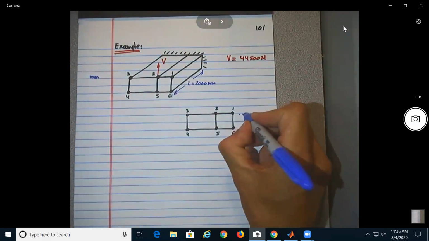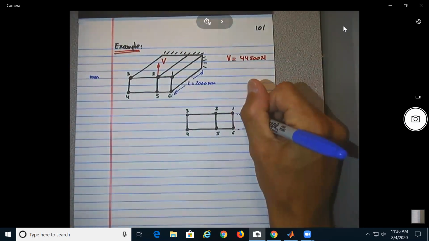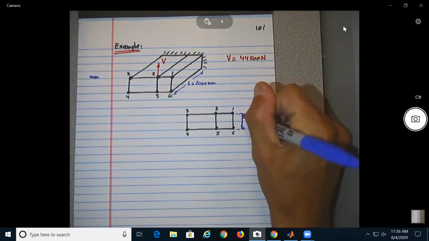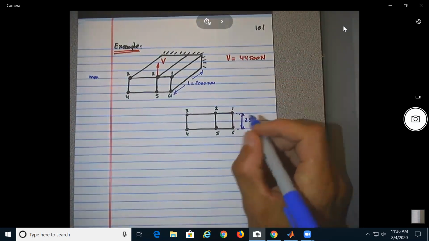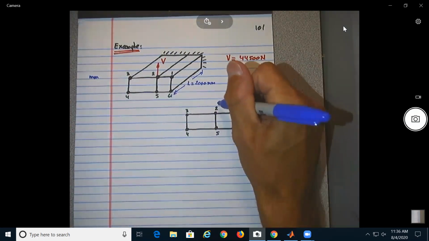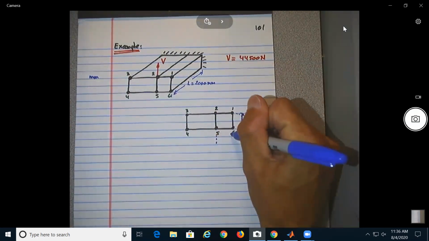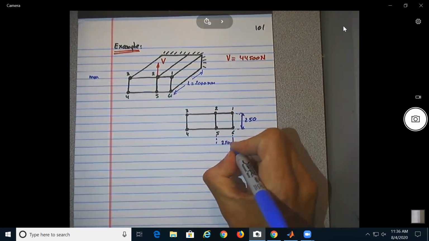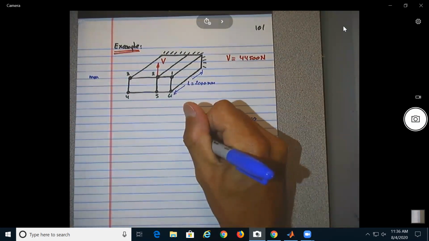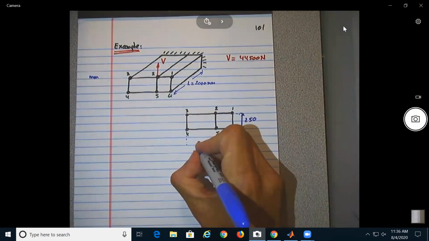And we know that the height is 250 millimeters. This one over here is going to be 250 as well. And this one over here is 500.